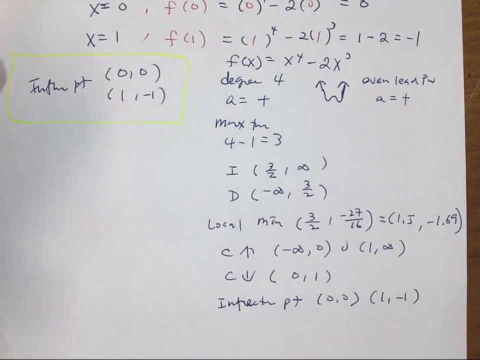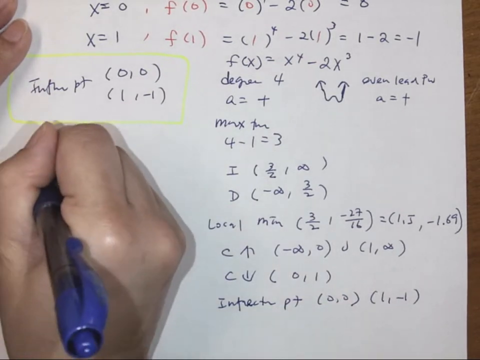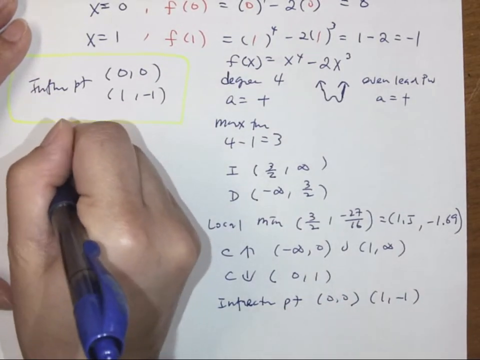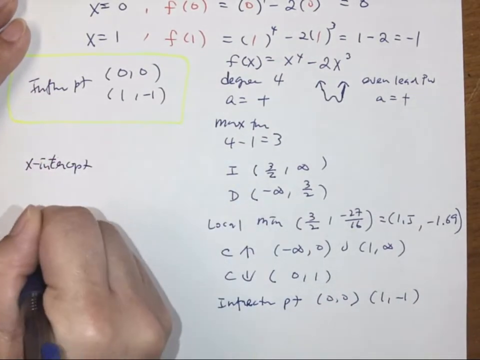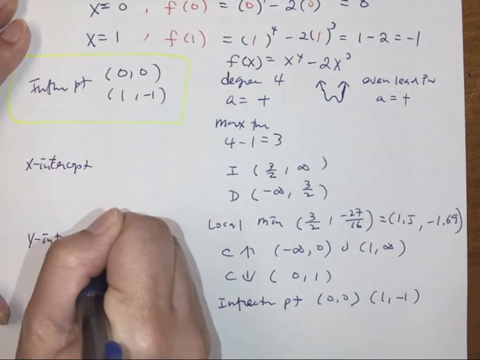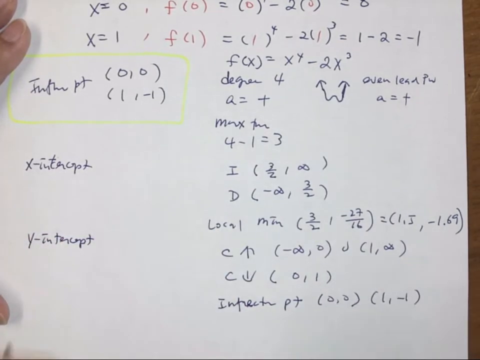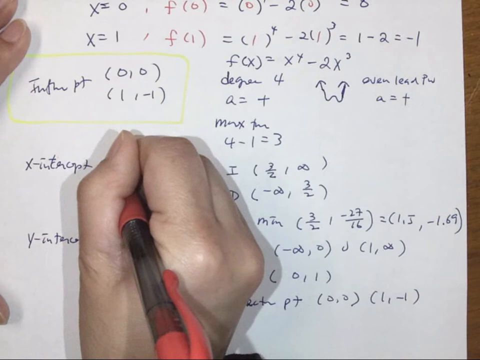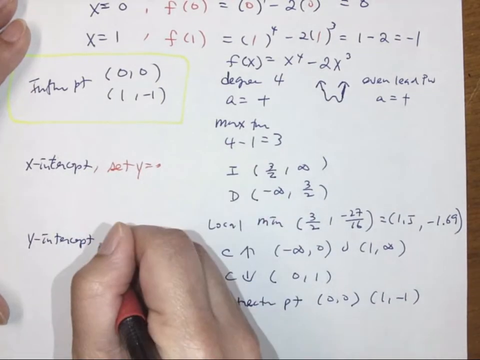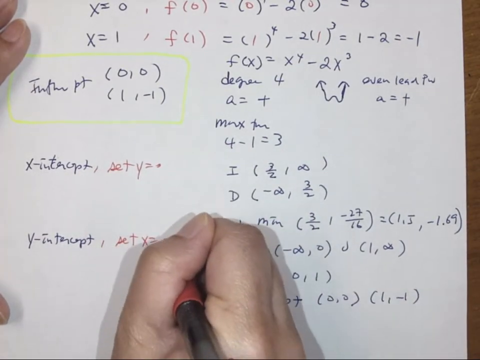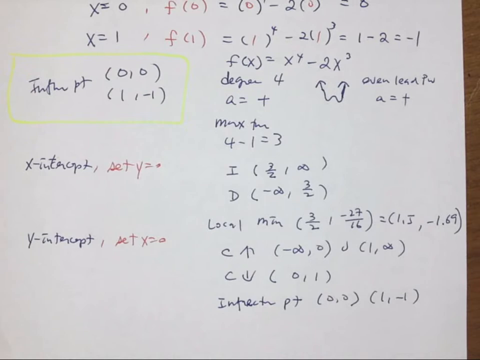We probably need to find the x-intercept and y-intercept. And I have a hard time spelling today, sorry about that. X-intercept, set y equal to 0, and y-intercept, set x equal to 0. Alright, so if I set y equal to 0, what do I have with my function?